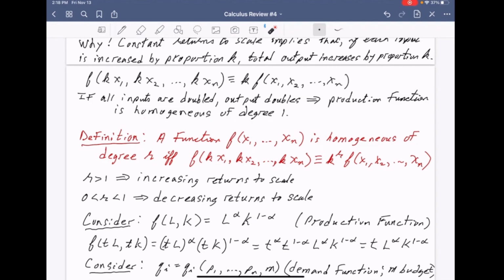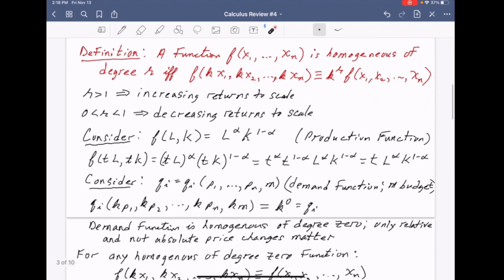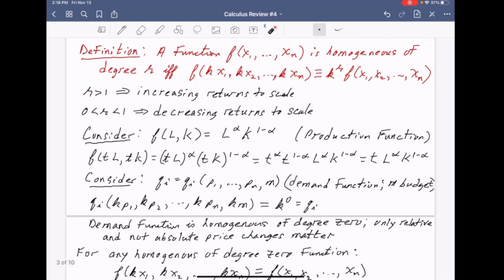So let's consider first off a production function where production is a function of labor and capital, and we have that the output is equal to the amount of labor employed to the power alpha, and capital employed to the power 1 minus alpha.